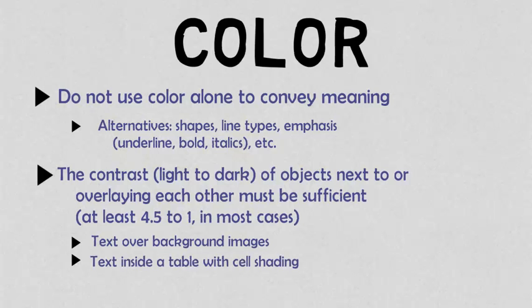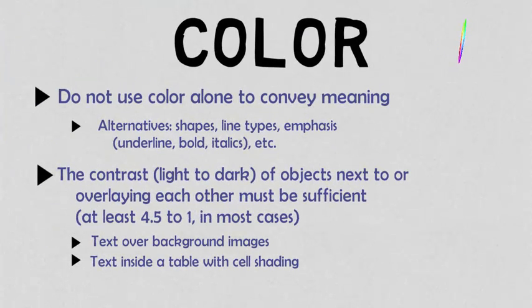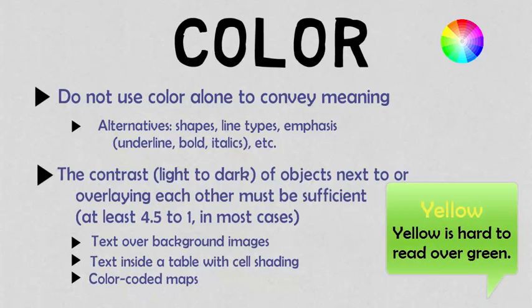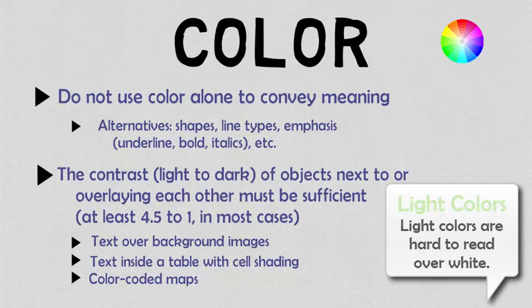It also includes the text inside a table that has cells with shading, background colors, and even color-coded maps. There are tools to help find appropriate contrast ratios, but in general, avoid using combinations that are hard for most individuals to read, such as yellow or purple on a green or blue background, red on a black or green background, or light colors on a white background.